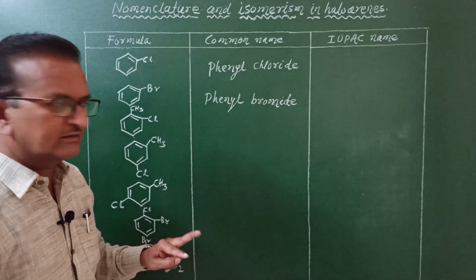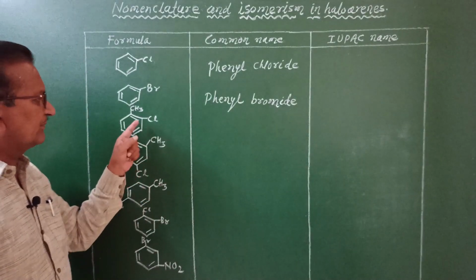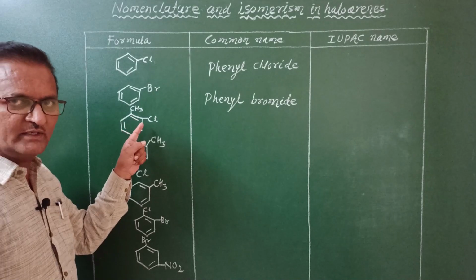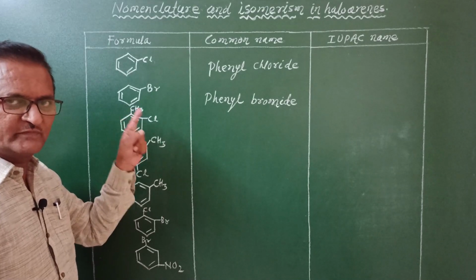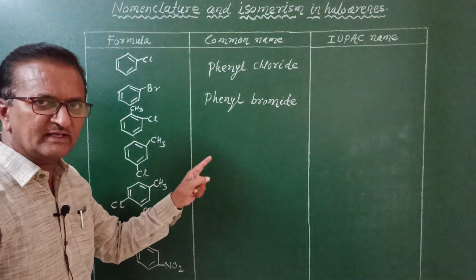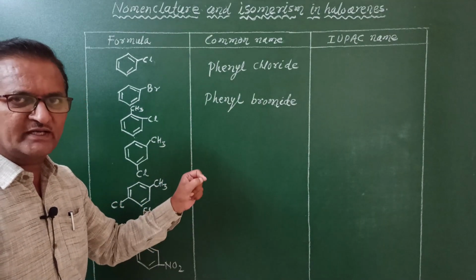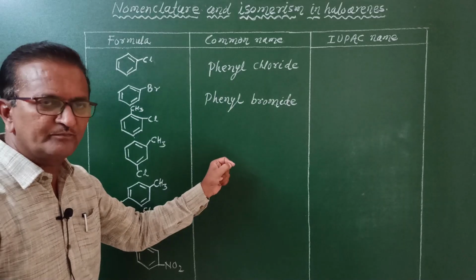In a benzene ring, if substituents are attached to carbon number 1 and 2, then it is called ortho, denoted by small letter o.